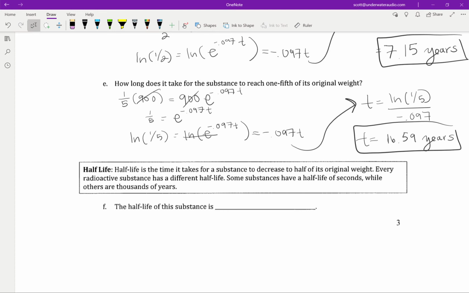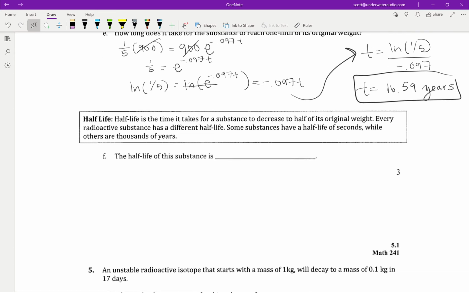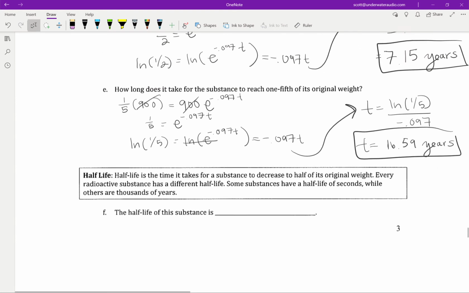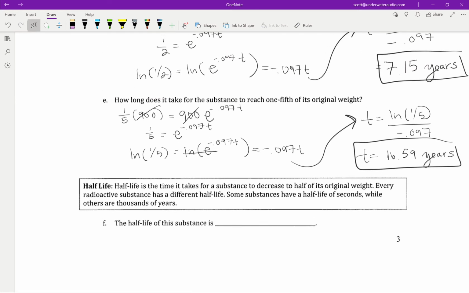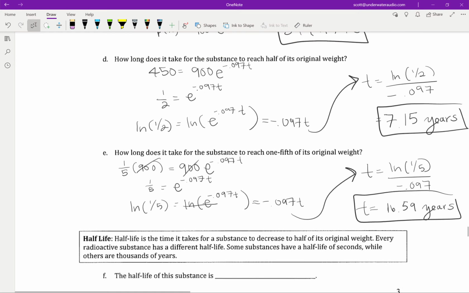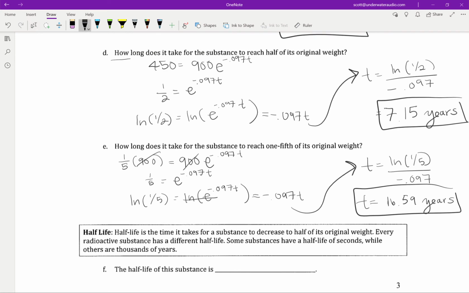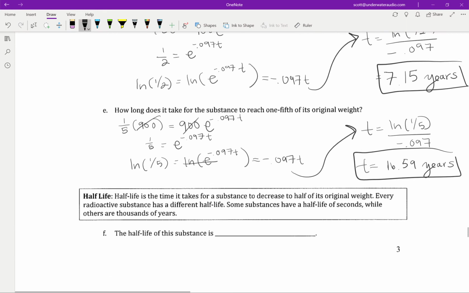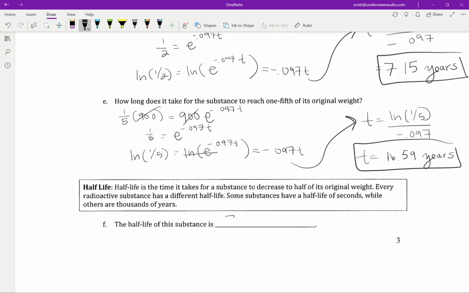Some substances are really small, some are really long, and let's just do a couple. So part F says the half-life of this substance is blank. I actually think we just found that. How long does it take for this substance to reach half of its original weight? We said 7.15 years. It's nice, we didn't have to do any work.